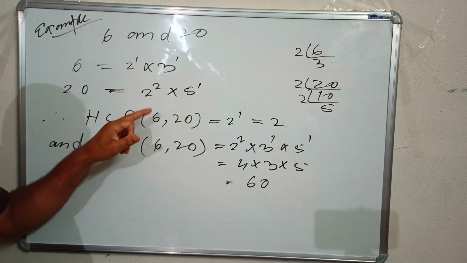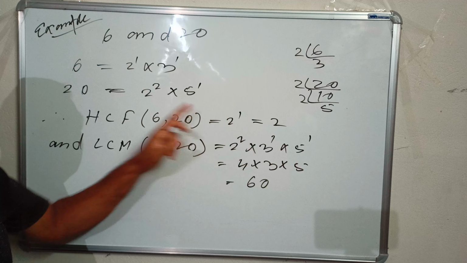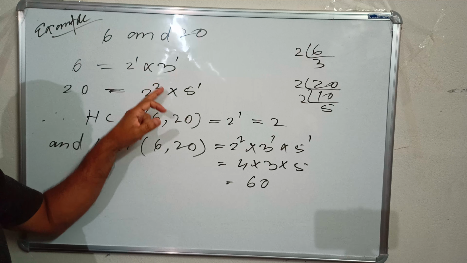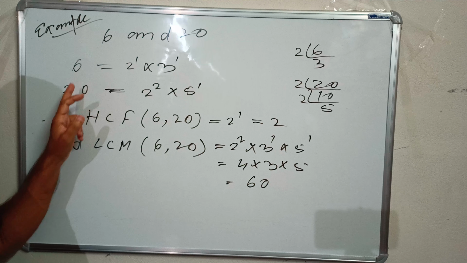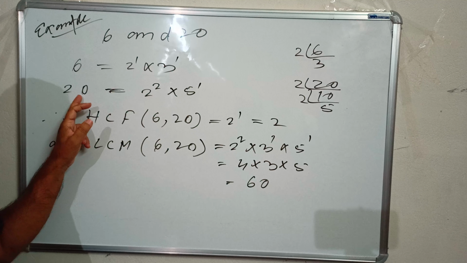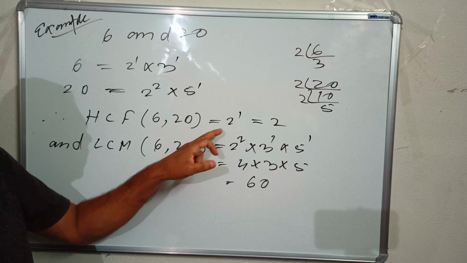You see, 4 cannot divide 6, but 2 can divide 6, and 2 can divide 20. If we take 2 to the power 2, that is 4, it cannot divide 6, although 4 can divide 20 because 4 is a factor of 20. So that's why we take the smallest power.